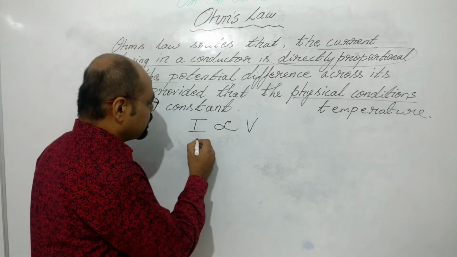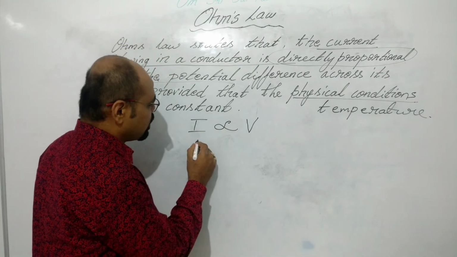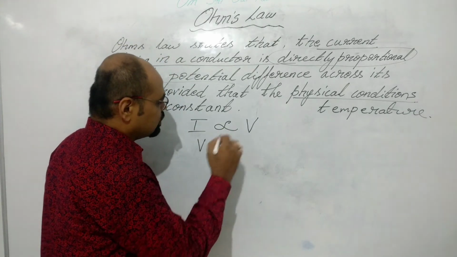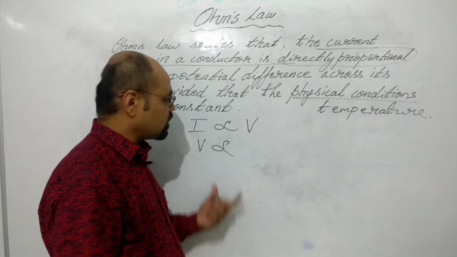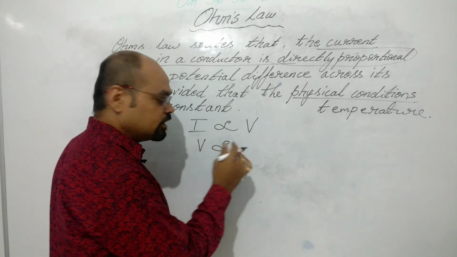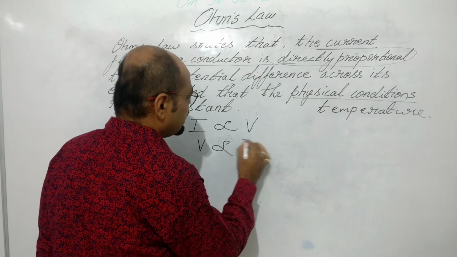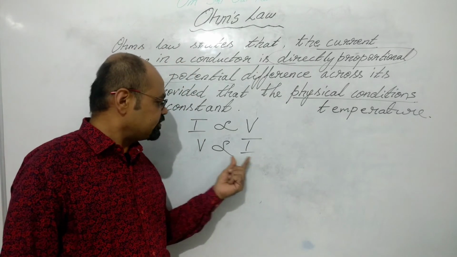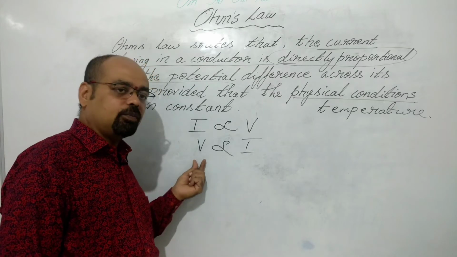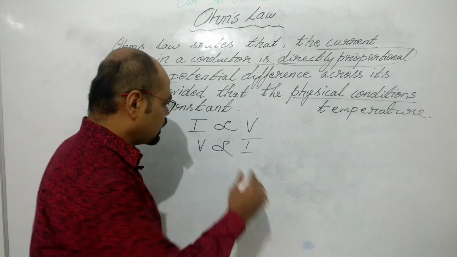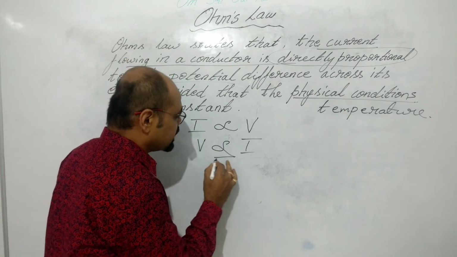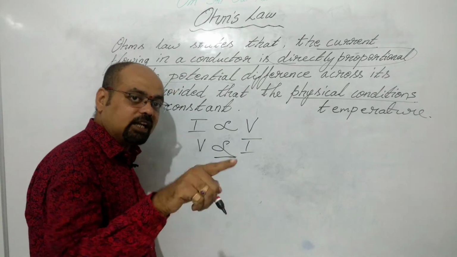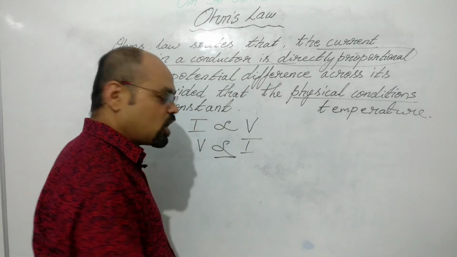Now we can also write this as: potential difference across its ends is directly proportional to the current. When we remove this proportionality sign, we get a proportionality constant.